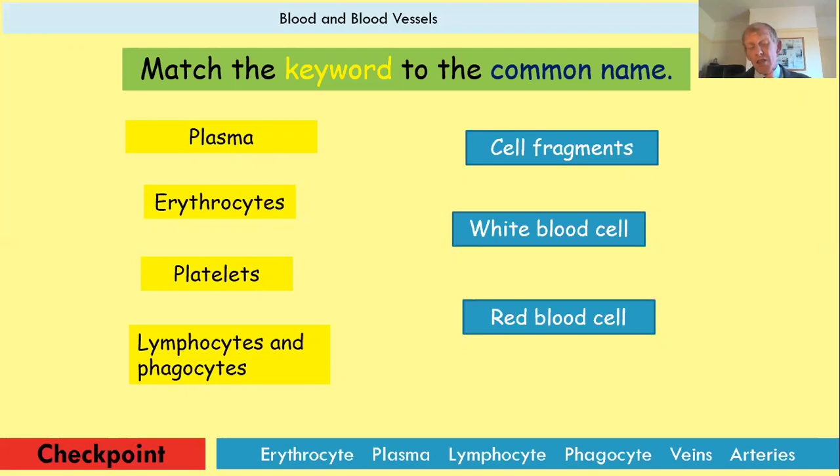You will see that there are four terms on the left-hand side and only three terms on the right-hand side, so you're only going to need to draw three lines. One of the terms on the left-hand side doesn't have a common name. So just pause the video now, write these words out, and then draw an arrow to connect the keyword, the scientific name, to the common name. Just pause the video now and have a go at that.